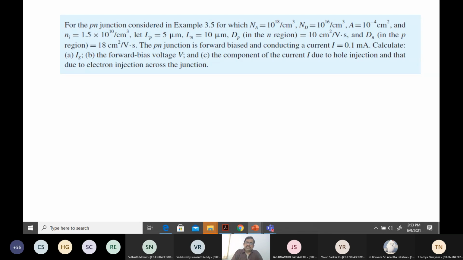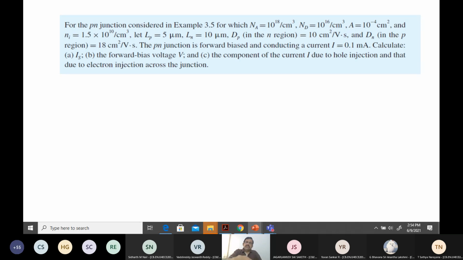Dp is the diffusion constant in the N region, and Dn in the P region. You can see the diffusion constant of holes, because it is holes that diffuse under forward bias into the N region. So Dp is in the N region and Dn in the P region, opposite of each other.